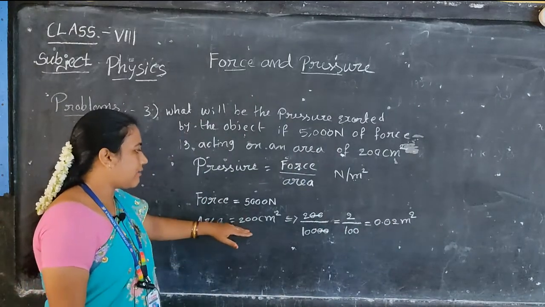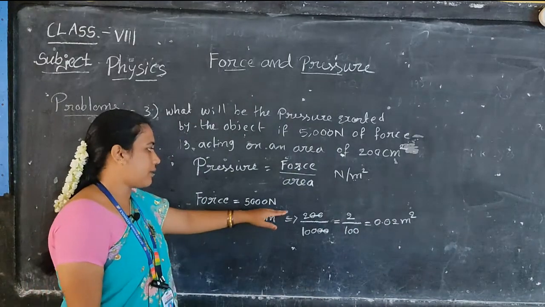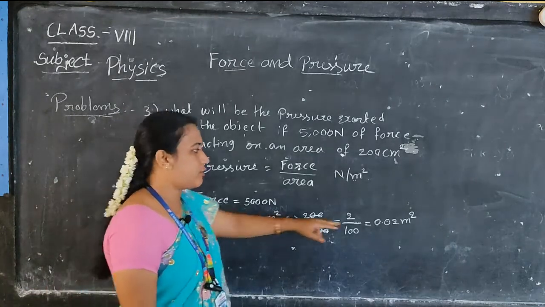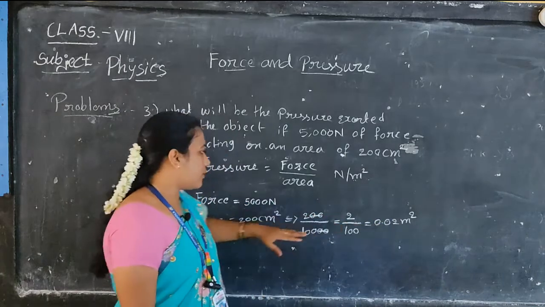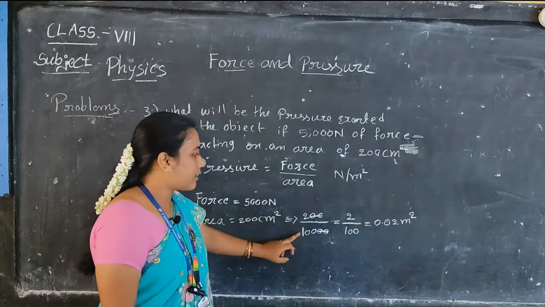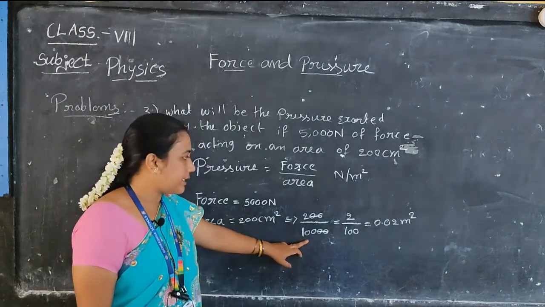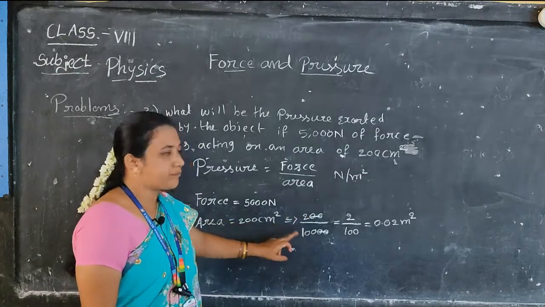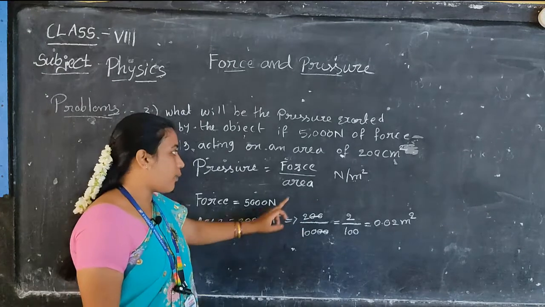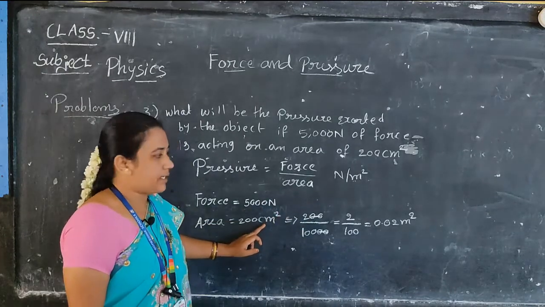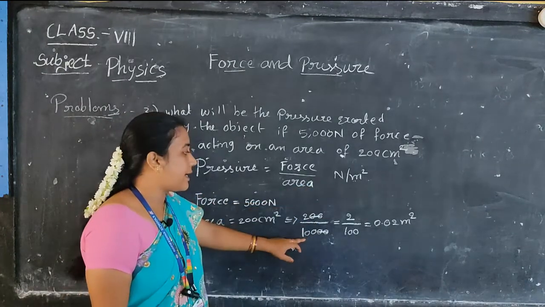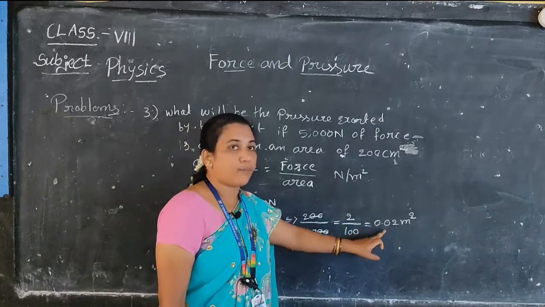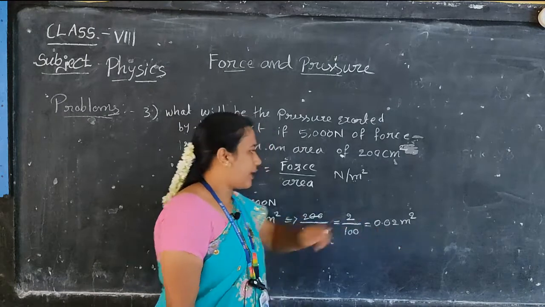Why did we write 10,000 here? Because 1 meter is 100 centimeters, and since it is square, we have to do 100 into 100. So we get 2 by 100, so the value is 0.02 meter square.